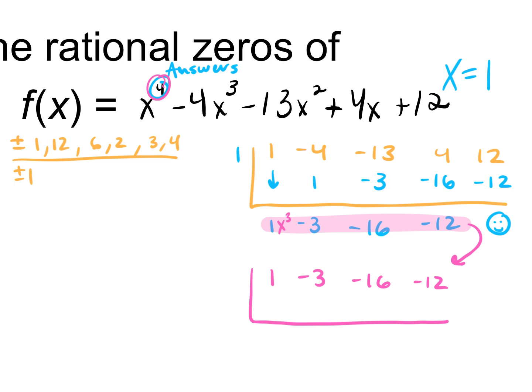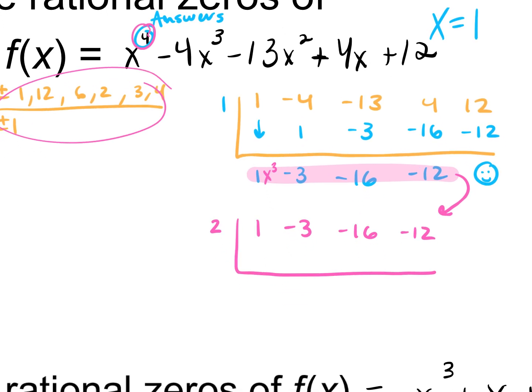Our last term is the same, so our last over first are our same possibilities. So we're choosing from this list here. What do you want to try next? Sure, let's try 2. Now keep in mind, an answer can repeat. If 1 worked, it is totally possible that it could work again. I don't think that's the case here, but it could work again. So let's try 2. We're going to drop down the 1, multiply, add, we get -1, multiply -2, add -18, multiply -36.